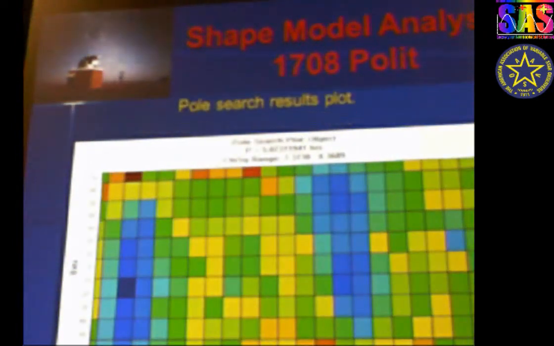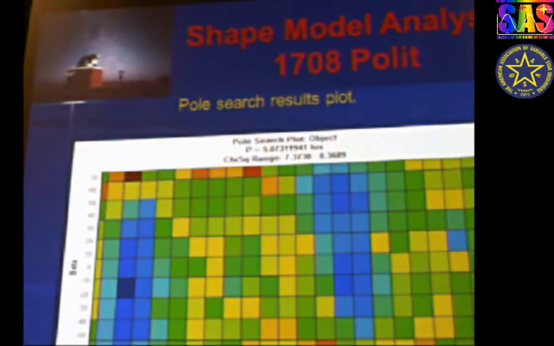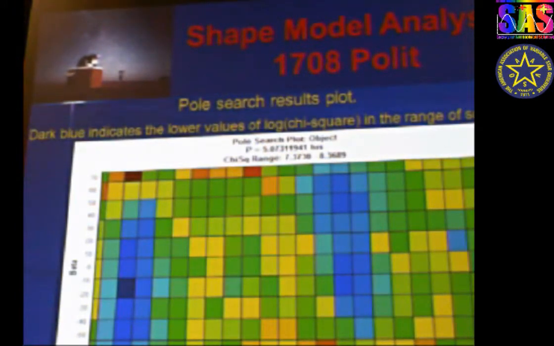And we get a map such as this one here. In this one here, the dark blue represents the minimum error between a possible model and the data that we get.